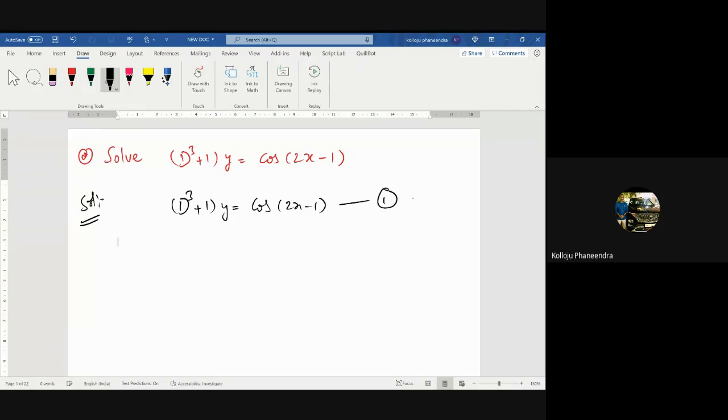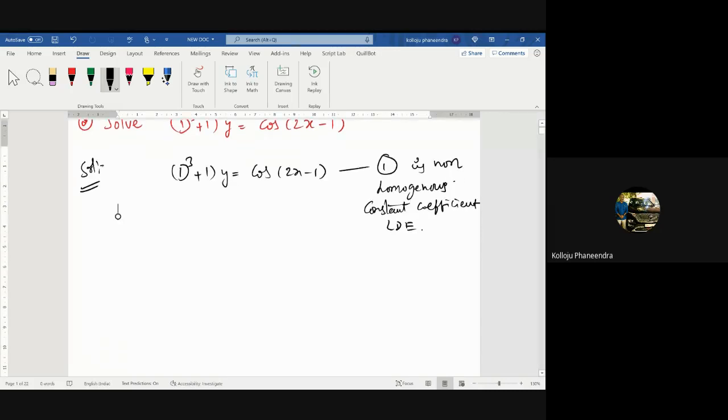Equation 1 is clearly non-homogeneous. In the examination you have to write this: non-homogeneous, constant coefficient, linear differential equation. Now, what is the method to solve a non-homogeneous equation?